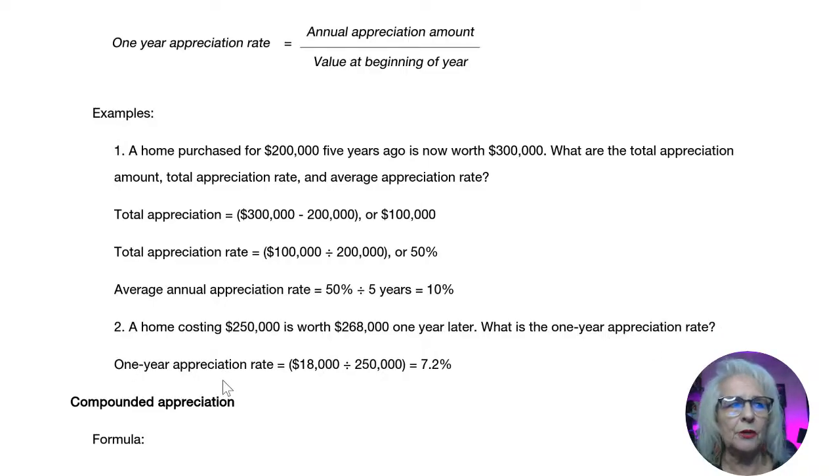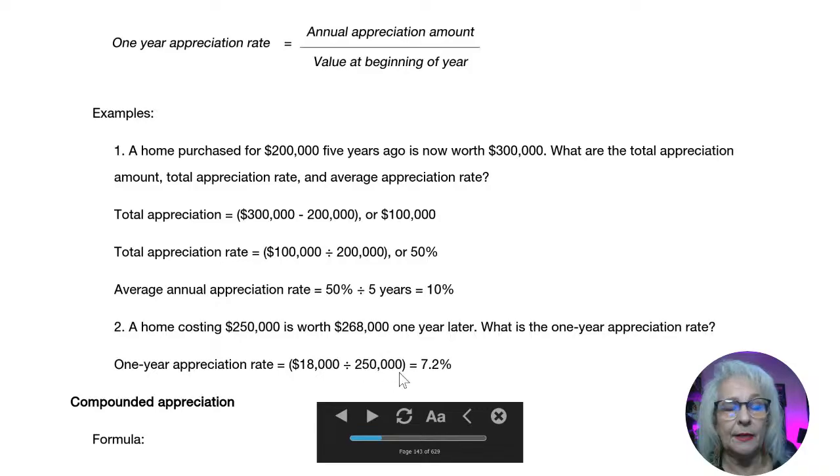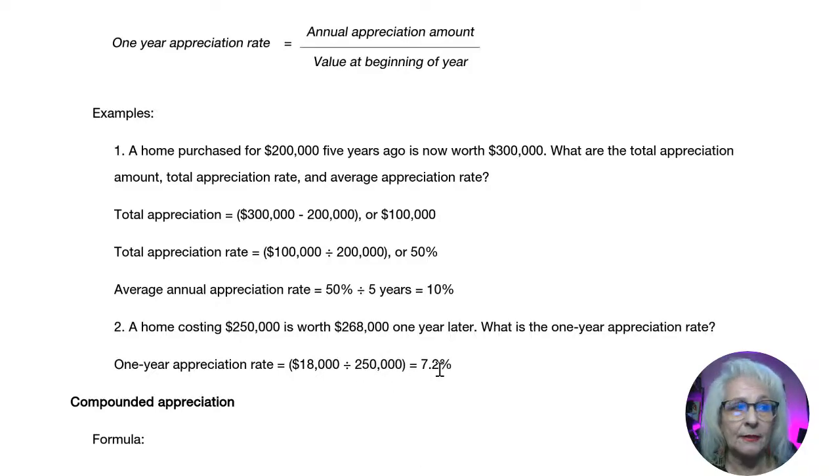The 1 year appreciation rate is the difference of the original price and the current price, divided by the original price. So that's a 7.2% average rate for that 1 year. The 18,000 increase is equivalent to a 7.2% increase in 12 months.